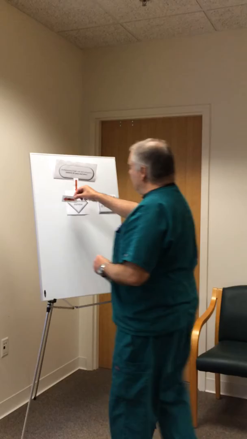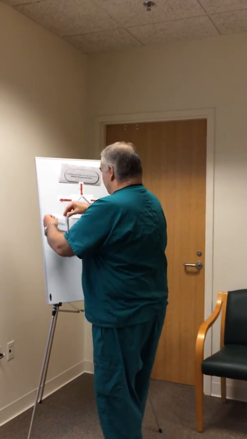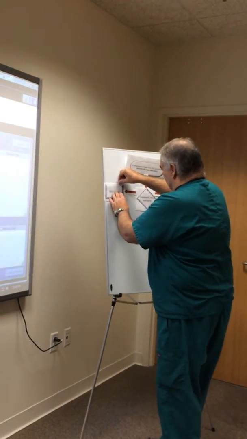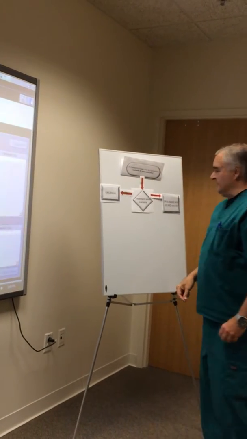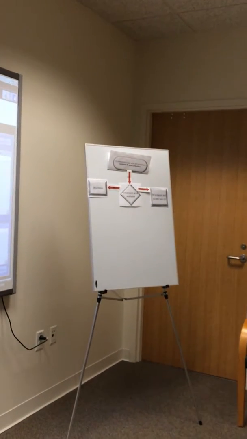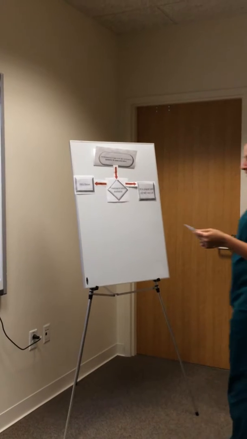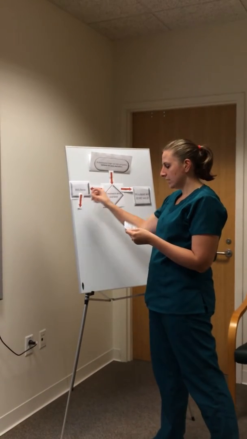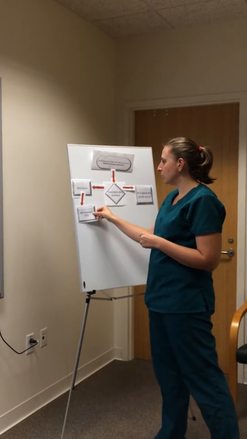If there's no treatment room available, what we're going to do is perform an EKG on the patient in triage. That EKG will then be immediately taken to our ER physician for review.